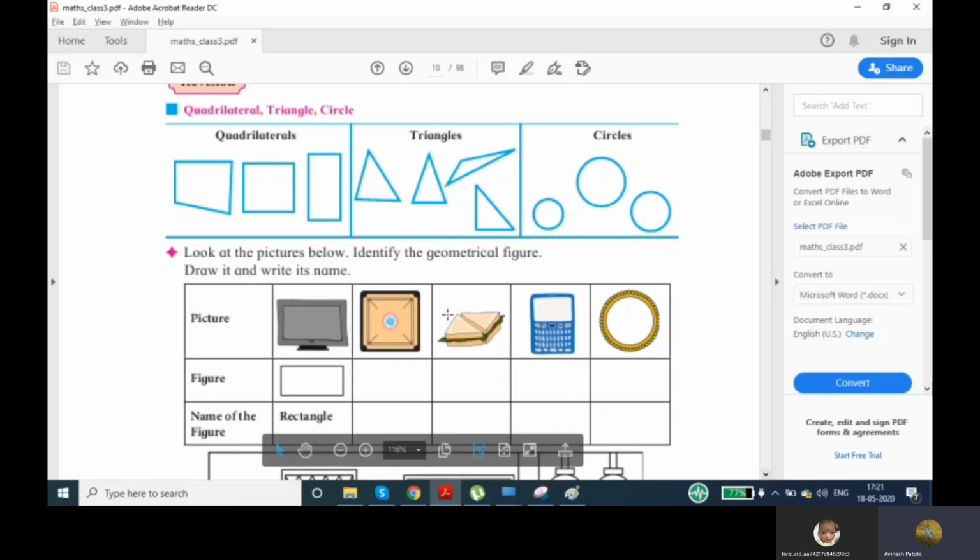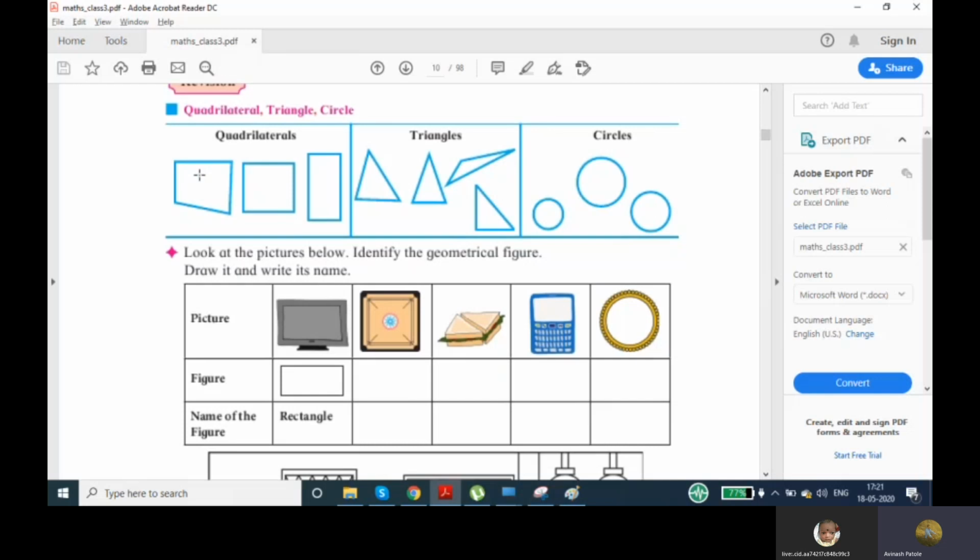If we look at the first section, which is quadrilateral, it consists of the shapes which look alike, however they do differ in their proportions and in the length of the lines which are part of these diagrams.